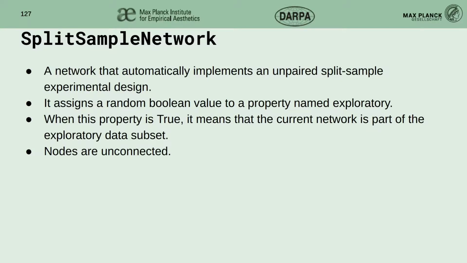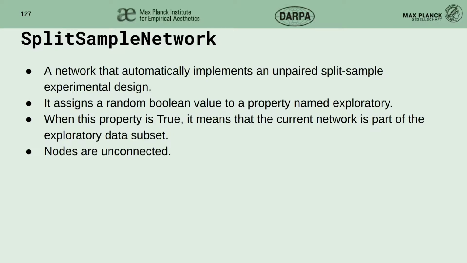This is in place of collecting some data, doing an exploratory analysis, collecting more data, and then running a confirmatory analysis. What's nice about this is that because you collected them both at once and randomly assigned participants or networks to your exploratory or confirmatory set, you can have greater confidence that there are no meaningful differences between your exploratory and confirmatory networks.